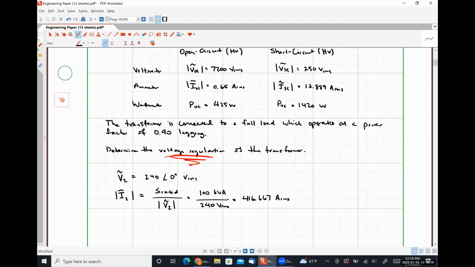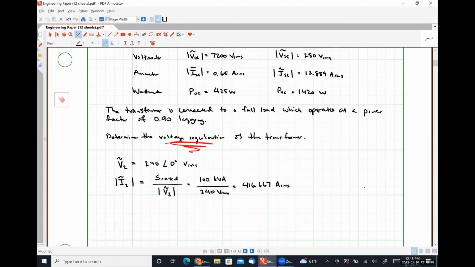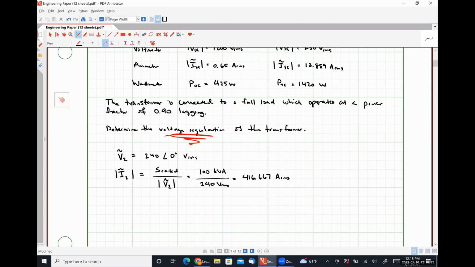Now we don't get to assume a phase angle for our current here, because we're told specifically that our load is operating at a particular power factor, and that power factor is going to be related to the phase angle of our current under the assumption that the phase angle of the voltage is 0, right? So a power factor of 90% lagging means that our phase angle, so I'm just going to call this theta I S, is going to be negative the inverse cosine of our power factor.